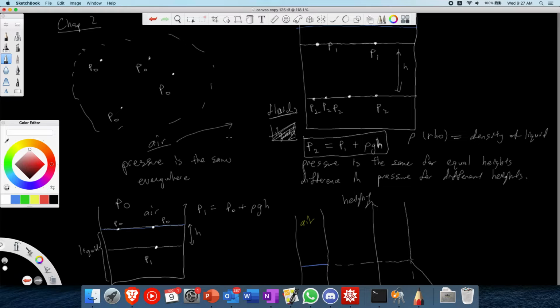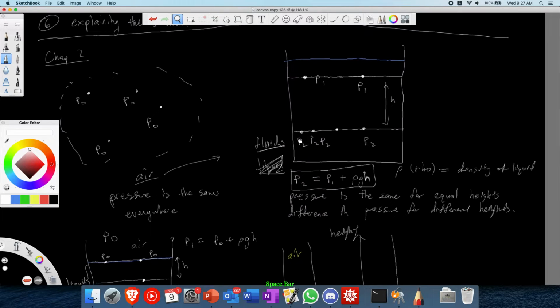There's a difference in pressure between the top and the bottom of Mount Everest, because of the huge difference in height. Whereas in most cases, like when you pour water in a coffee mug, or the air in your room that you breathe, the height is very small, so the pressure is almost the same everywhere.